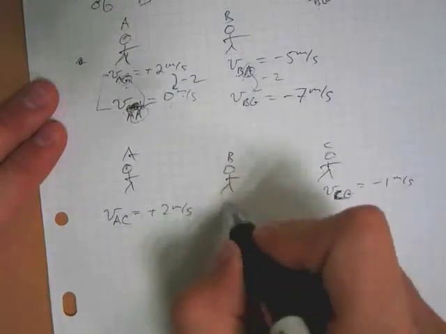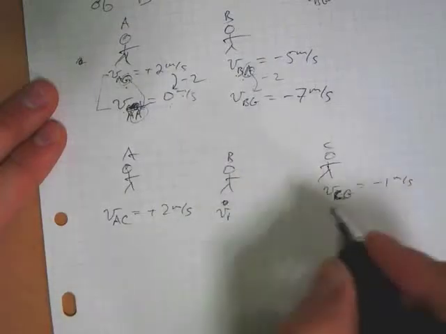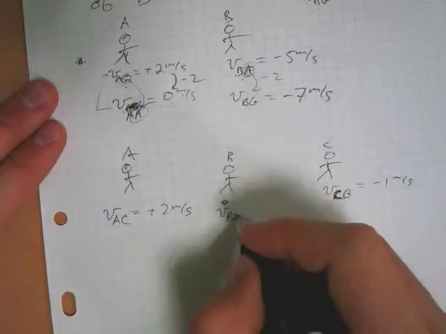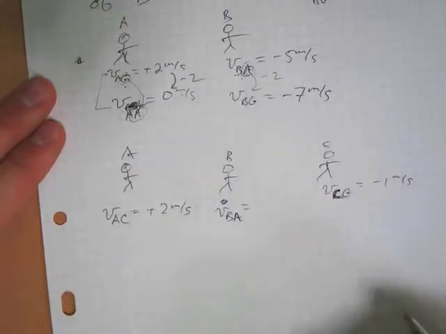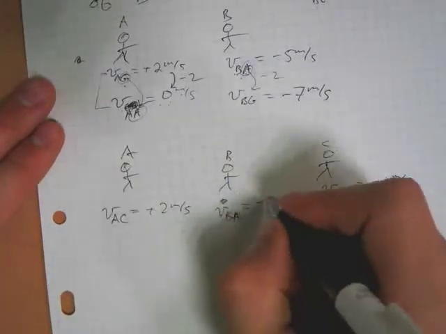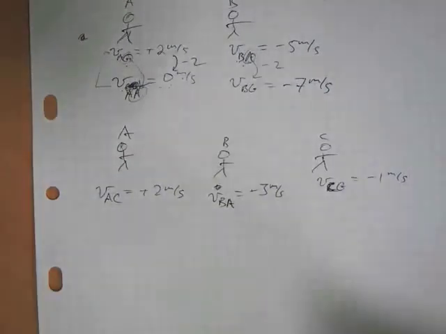And let's say that the velocity of person B relative to person A is, I don't know, it doesn't matter, minus 3 meters per second.